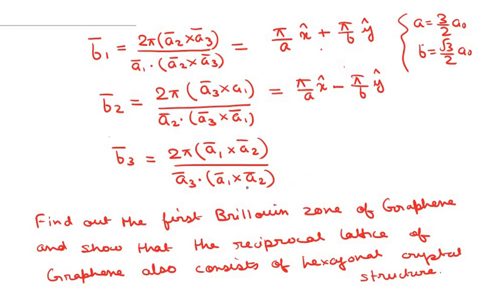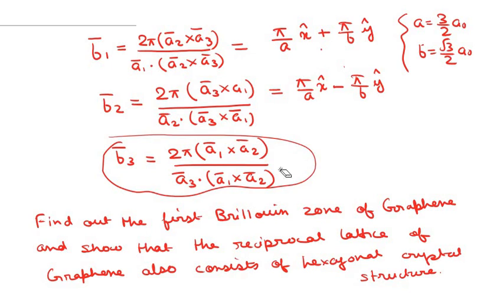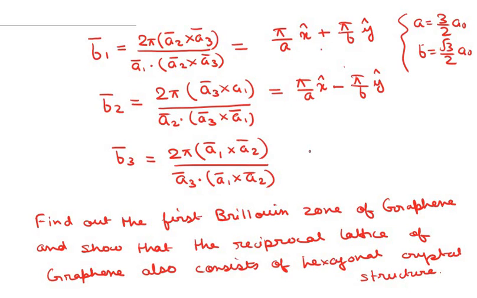Okay, and this third vector is not needed because it is actually perpendicular to the xy plane in the reciprocal space. And since graphene is a two-dimensional structure or a 2D layer, this third direction in the Brillouin zone does not really matter, because all the k vectors that would reside in graphene would belong only in the xy plane.